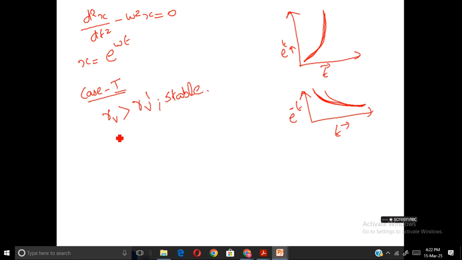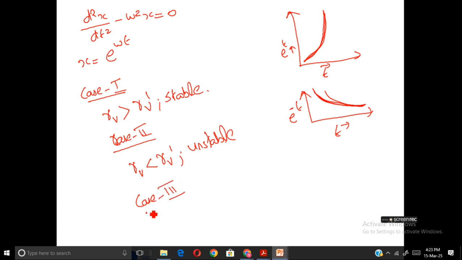The parcel will oscillate about its initial position itself. And in case 2, when gamma V was less than gamma V dash, the parcel was unstable. It was moving in the displaced direction, it was not coming back. There is a case 3, which is neutral, in which gamma V is equal to gamma V dash. This is the neutral equilibrium.